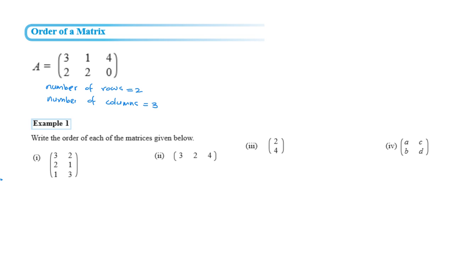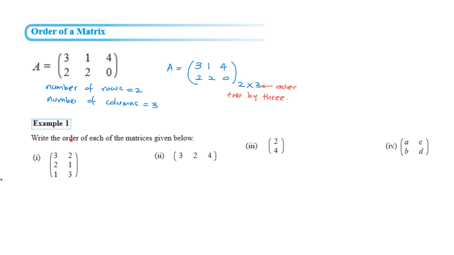So we can write this matrix 3, 1, 4, 2, 2, 0. This is our A. That is equal to 2 by 3. This is the order. We write rows first. Call it 2 by 3.